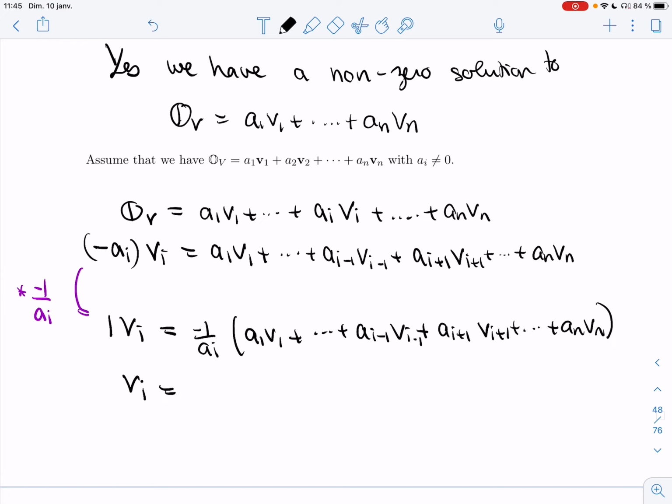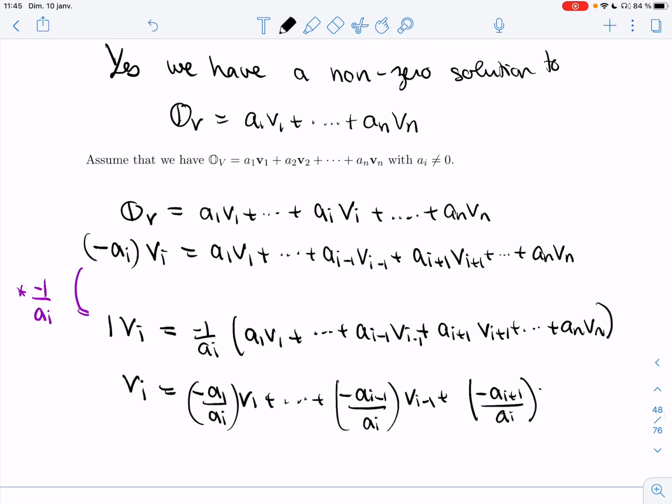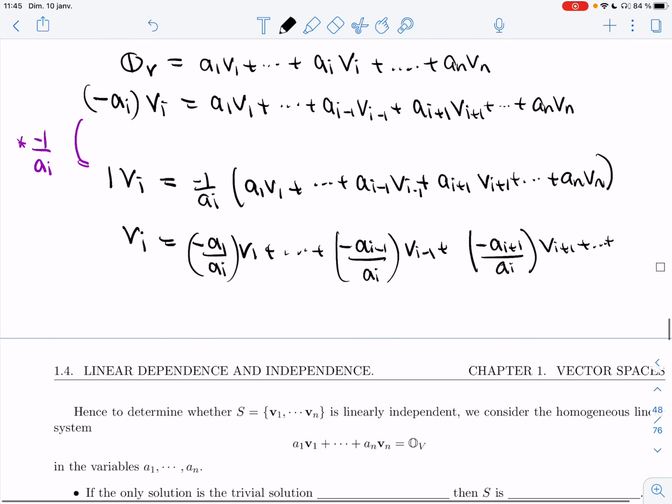All right, so here I'm going to get minus a1 over ai v1 plus minus ai minus 1 over ai vi minus 1 plus minus ai plus 1 over ai vi plus 1, and so on.